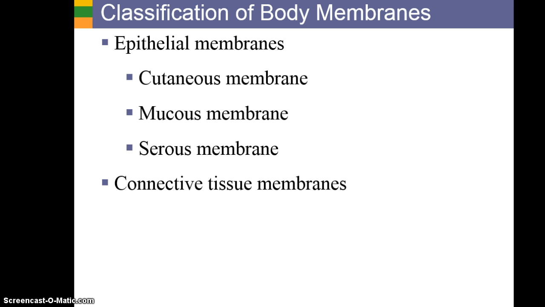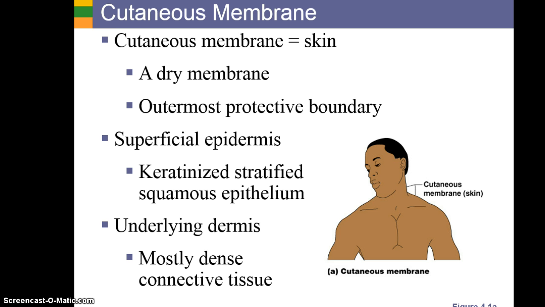When we're talking about epithelial membranes, we're talking about cutaneous membranes, mucous membranes, and serous membranes. Body membranes are also identified with connective tissue, and this is another aspect we've already covered. So the next type of classification that we'll talk about down the road a little bit involves membranes associated with connective tissues.